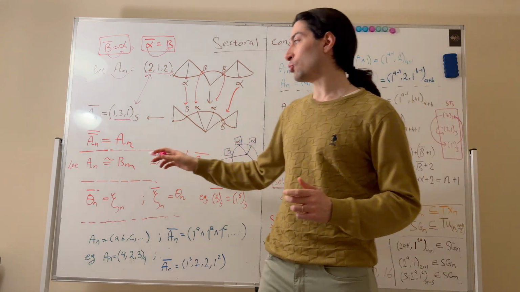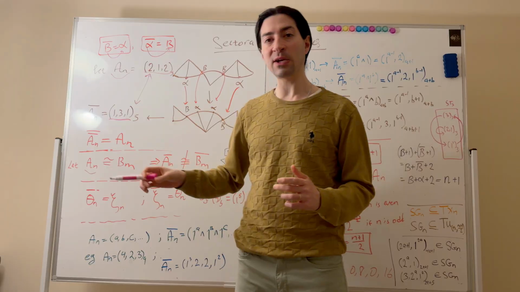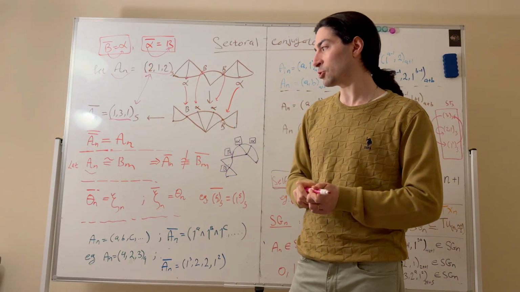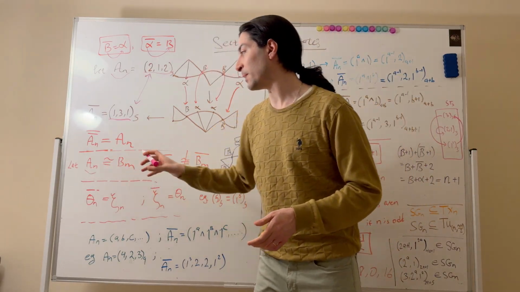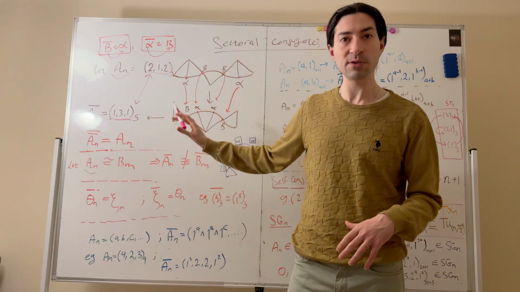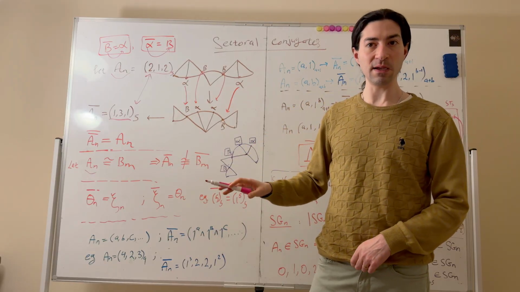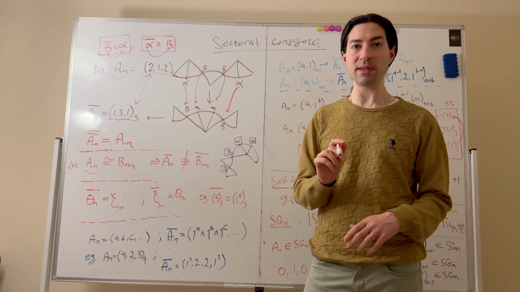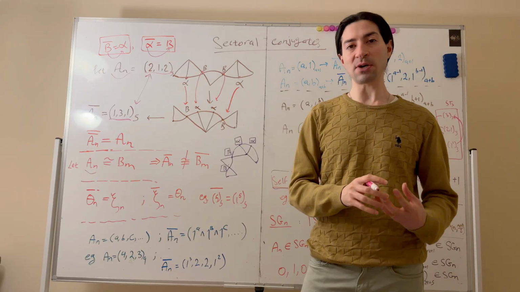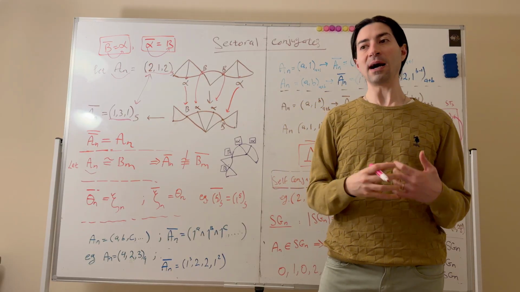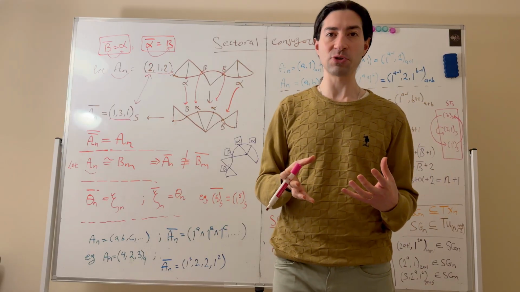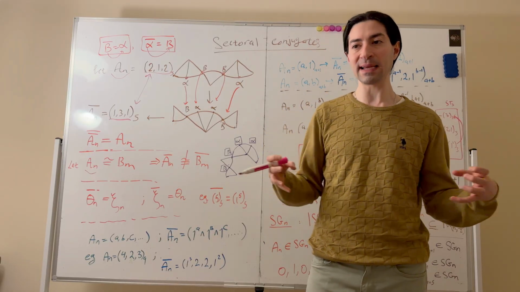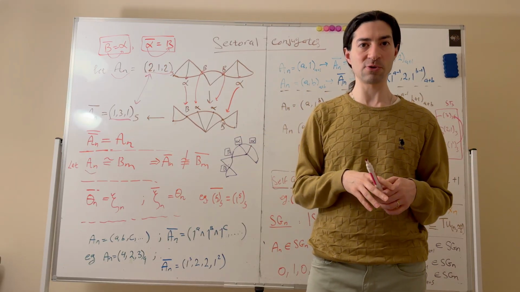Now, if we have two isomorphic or congruent sectoral structures, AN and BM, their conjugates don't have to be isomorphic. So that's a very important thing to note. And here we start seeing why isomorphic sectoral structures, we don't really treat them like equivalent sectoral structures.